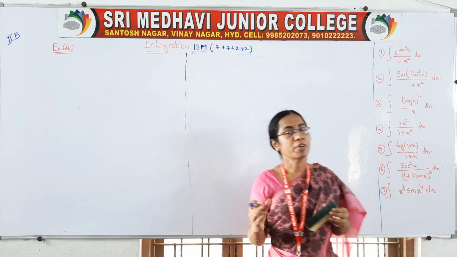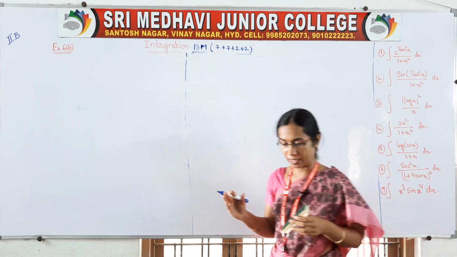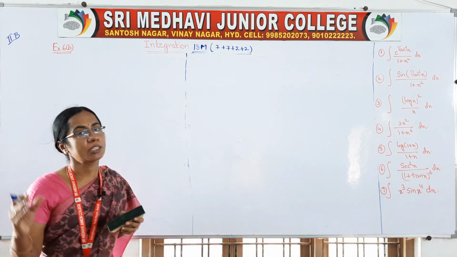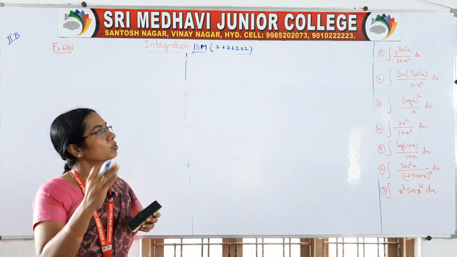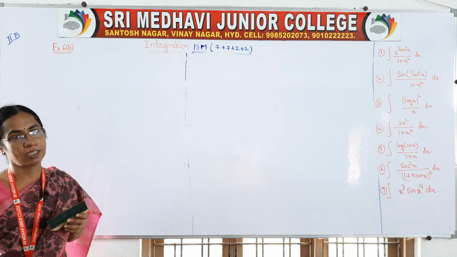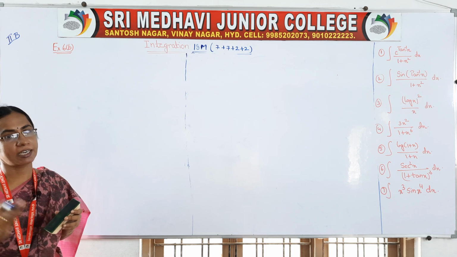So in the previous class we did some problems using the substitution method. When we used the substitution method, if the given problem is not in a standard form, then instead of one value we substituted another value. With that, slowly the problem turned into our standard form.